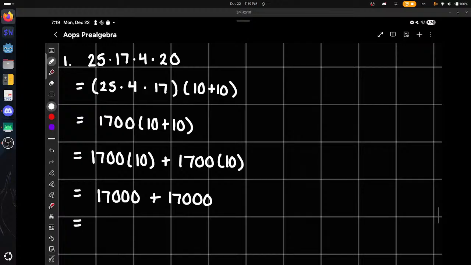We can finally add them together, which gives us, gotta think about this, 17, so 30, 34, 32, oh Lord. Oh, 34, right? Yeah, 34. Okay.